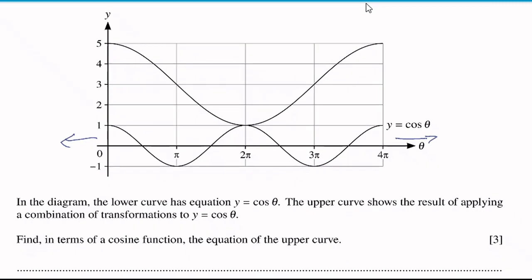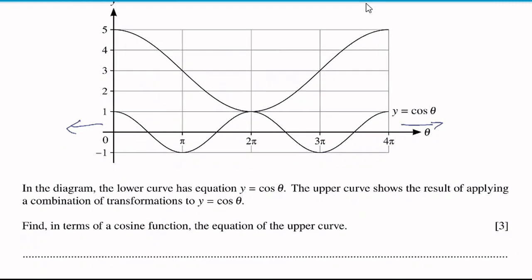That is the first thing that we can observe. So the first step is, once we stretch the graph by a factor of 2 in the x direction, theta becomes half theta. So the graph for now will become something like this. This is the first step.